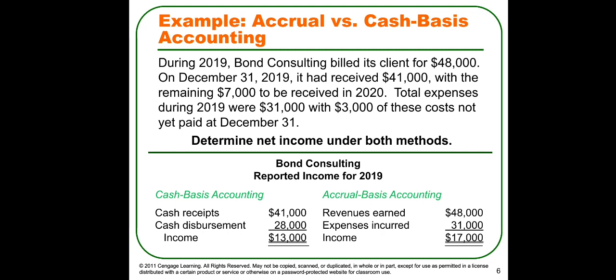If a business uses accrual basis accounting, then the business has to record revenue when the transaction happens, not when the business receives cash from the customer. And also the business has to record expenses when the transaction happens, not when the business pays cash to somebody.